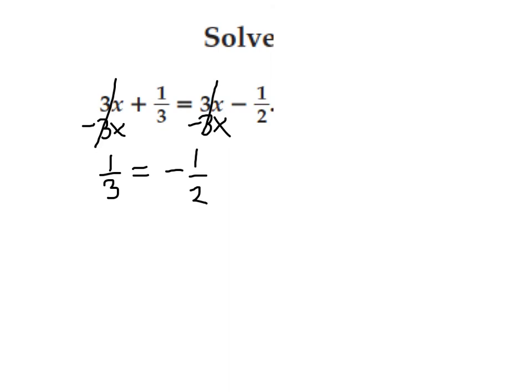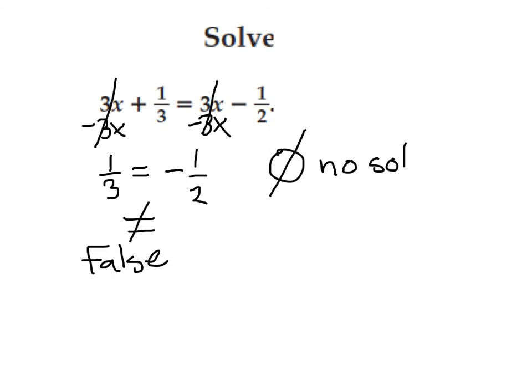Now, we're not done. We need to look at this equation and ask ourselves, is the left side equal to the right side? Is 1/3 equal to -1/2? No, it doesn't equal, or it's a false statement. When this happens, when the left side doesn't equal the right side, whether the variables drop or whatever happens, and it's false, we have, from the definitions, no solution.